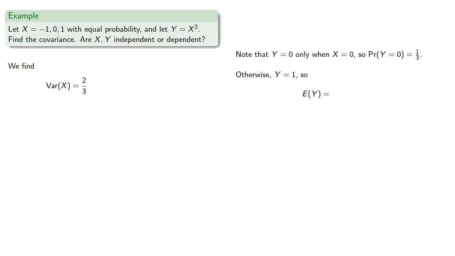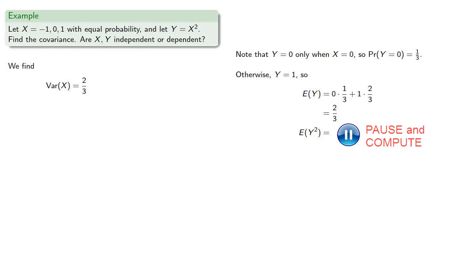Otherwise, y is 1, and so the expected value of y is the product of the payoffs and the probabilities. And the expected value of y squared is, and the variance of y is.